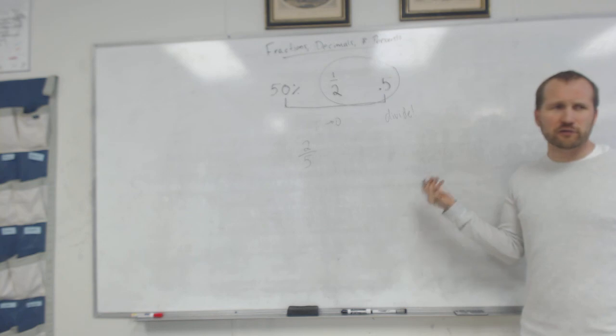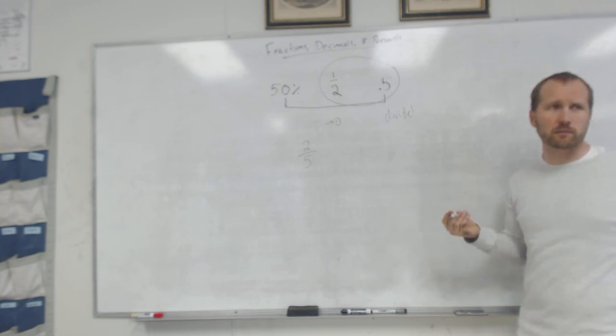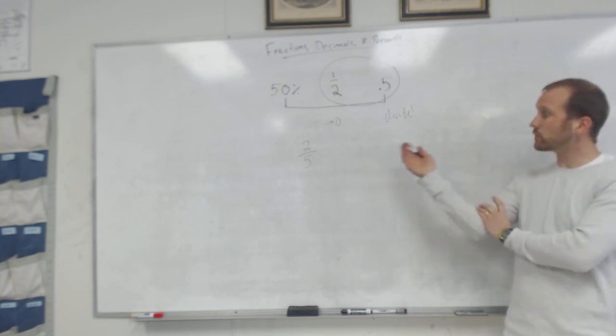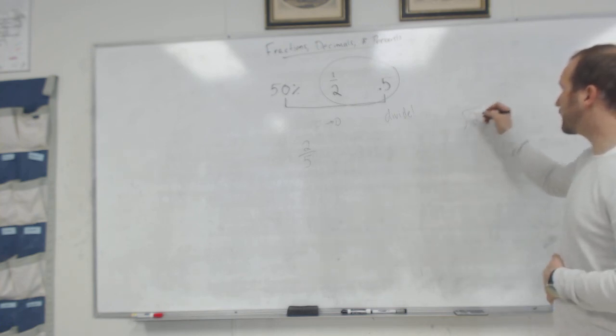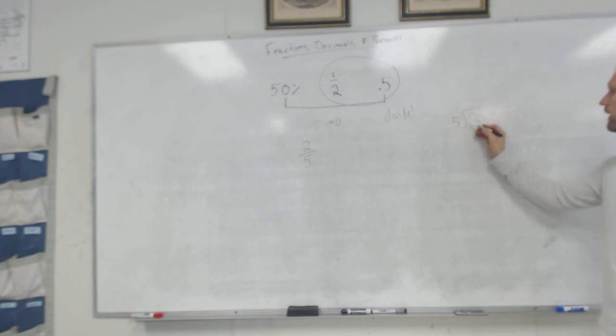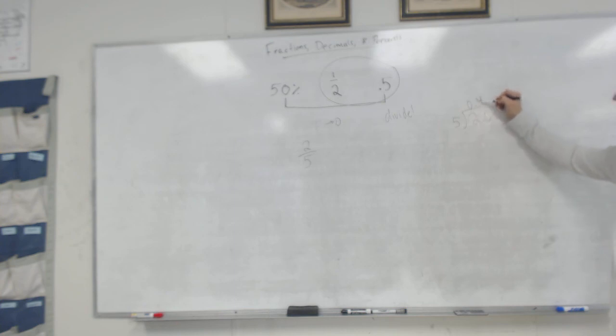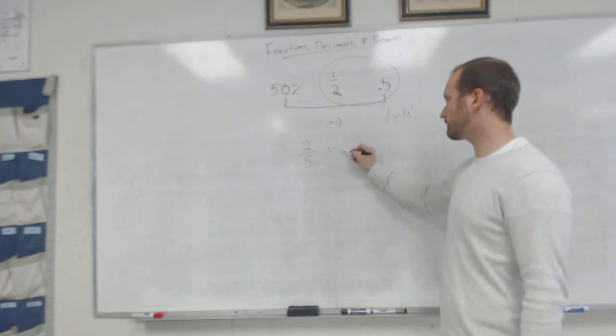Every fraction is a division problem. So to go from 2/5 to a decimal, I just do 2 divided by 5. 5 can't go into 2, so I make this a decimal. 5 goes into 20 4 times, even. And so my decimal is 0.4.